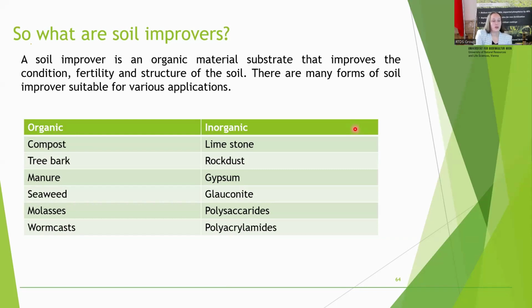A soil improver is an organic material substrate that improves the condition, fertility, and structure of the soil. And there are actually a lot of forms of soil improvers that are suitable for these applications. For example, some organic ones are, as you all know, compost, but also tree bark, manure, seaweed, molasses, or worm casts. And for the inorganic ones, limestone, rock dust, gypsum, polysaccharides, and polyacrylamides.